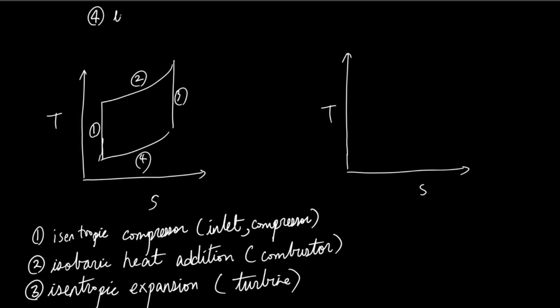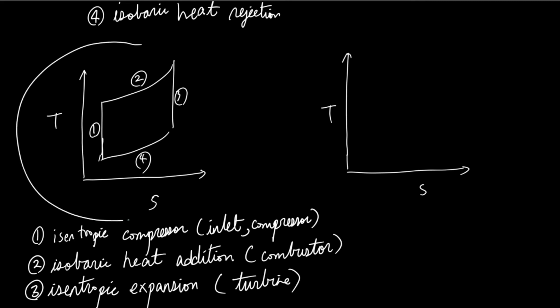This is also isobaric heat rejection. This one is not part of the engine itself, but what happens in nature is when you let out hot air, it diffuses with the rest of the air and reaches equilibrium temperature. Now, this is basically what a TS diagram looks like for the core of the turbofan.